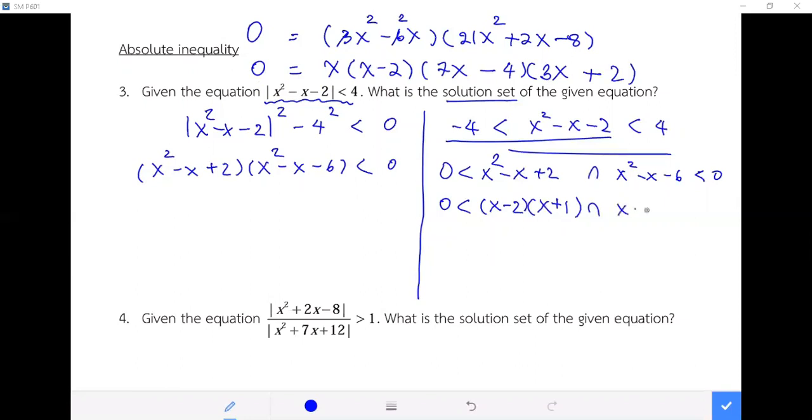So it's x minus 3 and x plus 2 less than 0. So I feel like it's not much different. You can use square on both sides or use the property. It's going to look very similar.